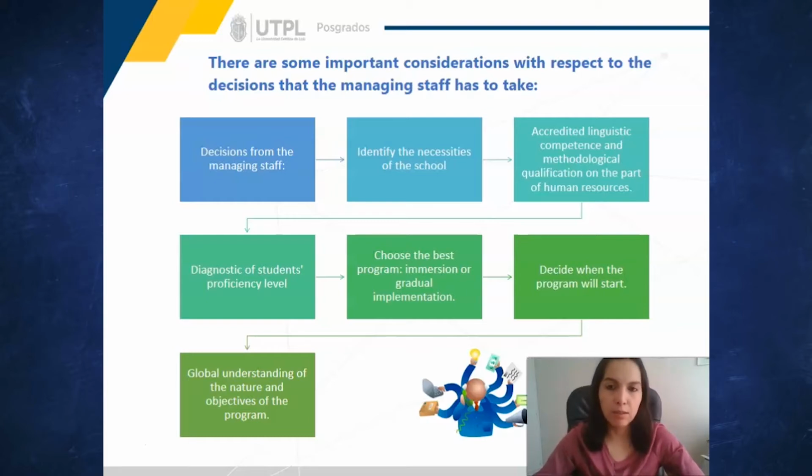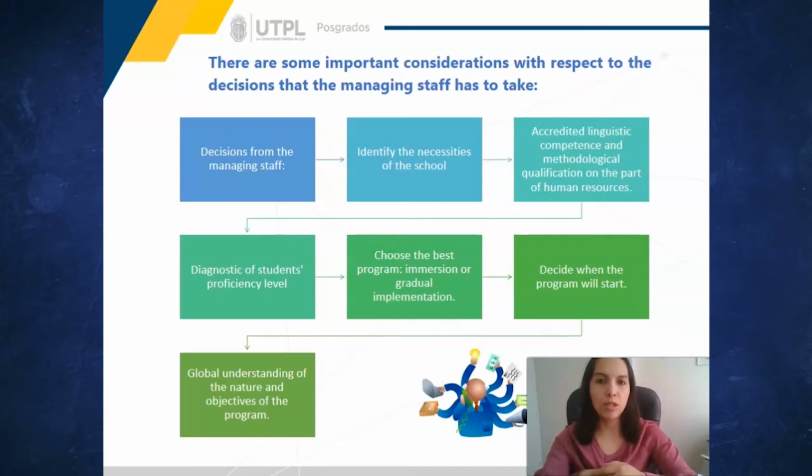In third place, the students' level of linguistic proficiency must also be diagnosed, with the objective of adapting the targets of the program to this crucial factor. It is also necessary that the school can choose the best program and rationale available in order to adapt to these different characteristics. Another important decision is associated with the beginning of the program.